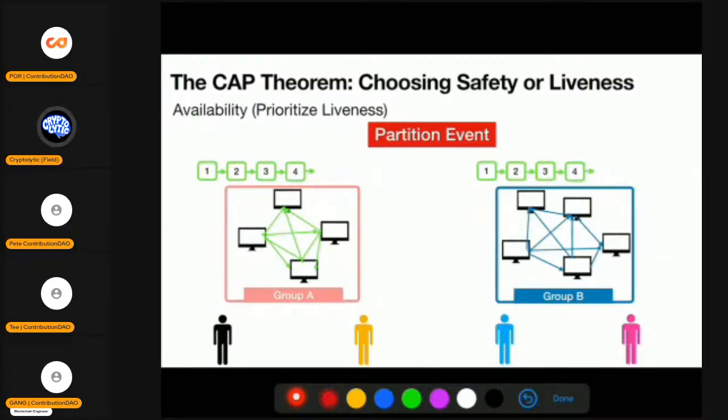If you remember this infographic, for blockchains that prioritize liveness, during the partition each group of nodes will see a different history, but it is still able to keep operating.